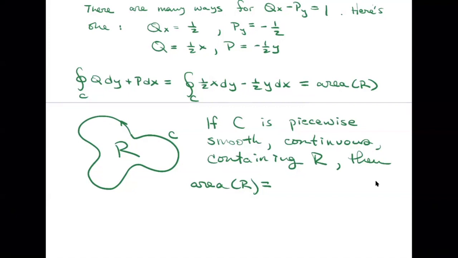You've not done an area of a very weirdly shaped region like this, except for if you cut it up into lots of little regions. So this will allow you to find the area of any shaped region without cutting it up. You just have to have some sense of what the boundary of the region is.